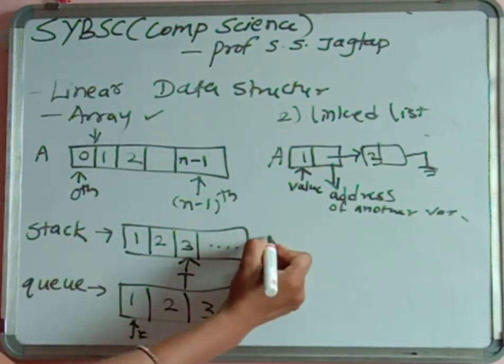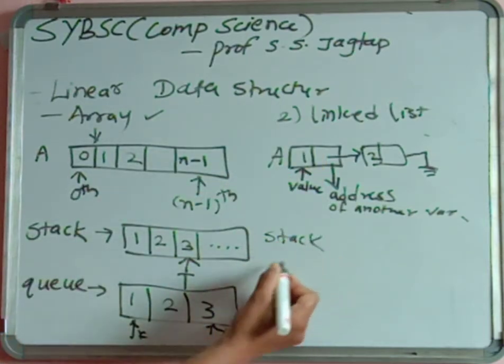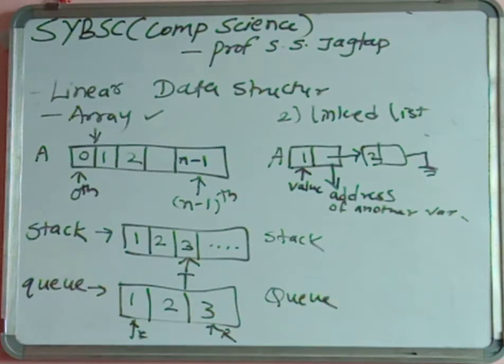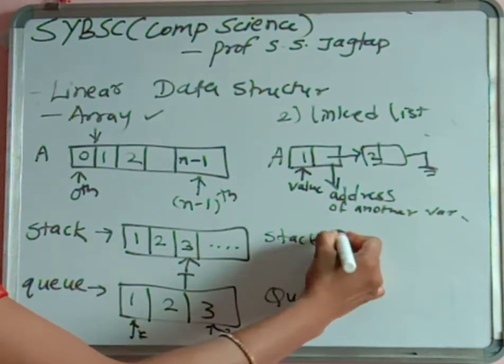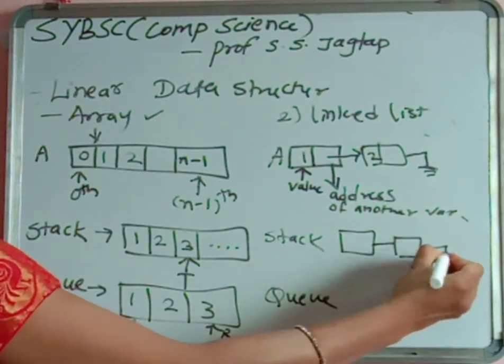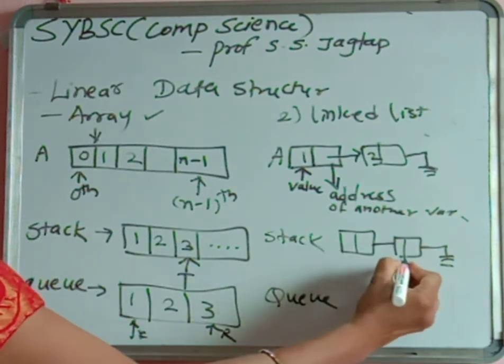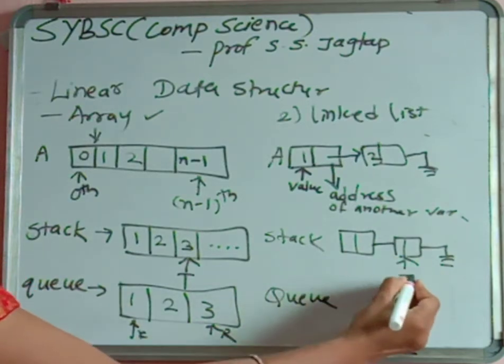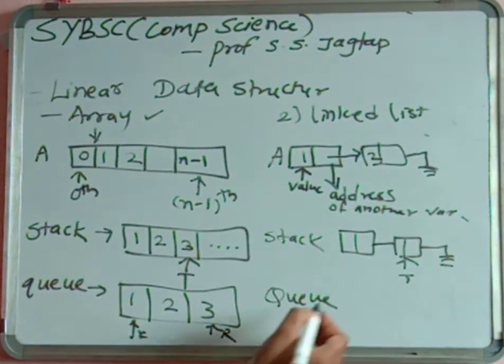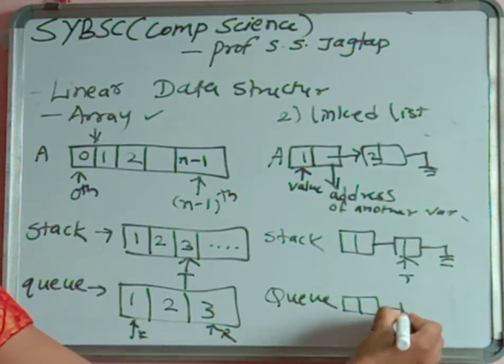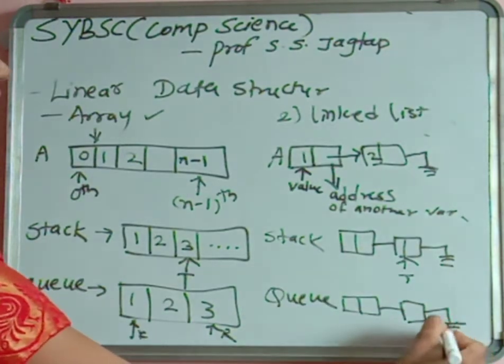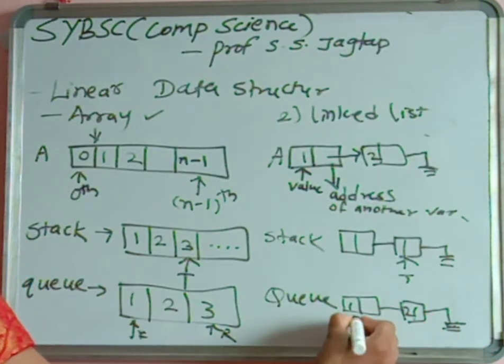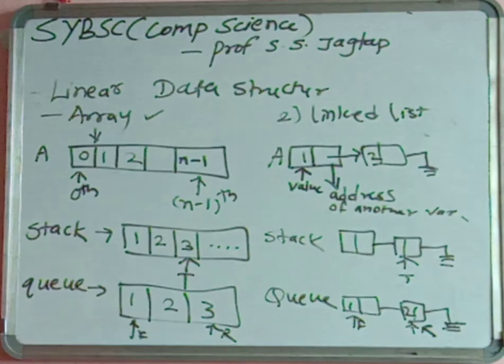This also can be represented in two ways, that is stack and queue. Same concept, the list is ended with null and this is the top. The last element is considered as a top in stack. And same for a rear, 1 and 2. This is the front and this is the rear. This is the concept included in linear data structure. We can represent in array as well as in linked list.